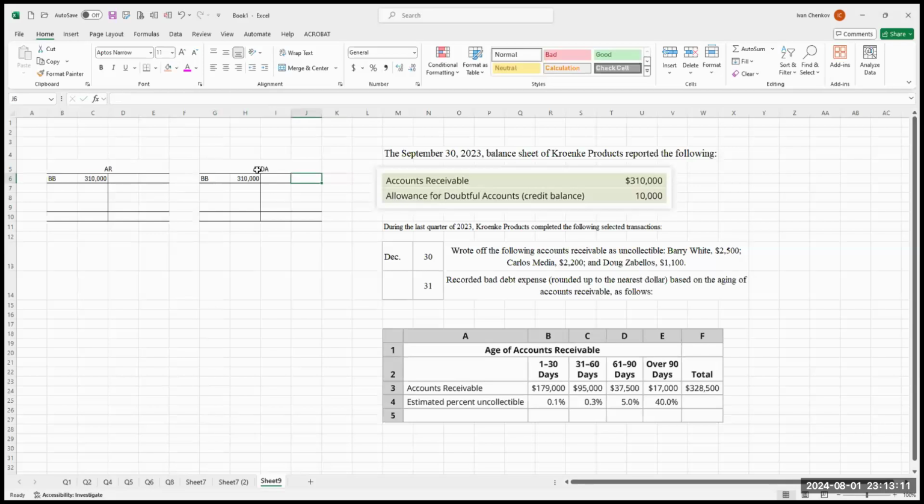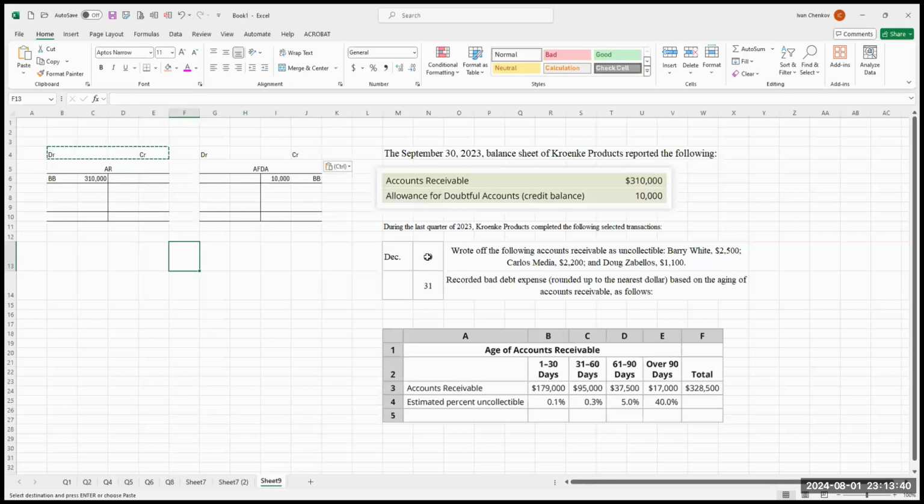The tricky part here is that the normal balance is on the credit side, not on the debit side. So that will be 10,000 right here. That's the only trick here. This is our debit, this is our credit, and the same thing repeats on this side.